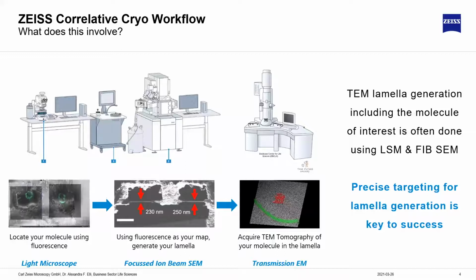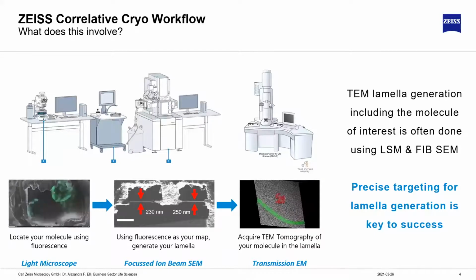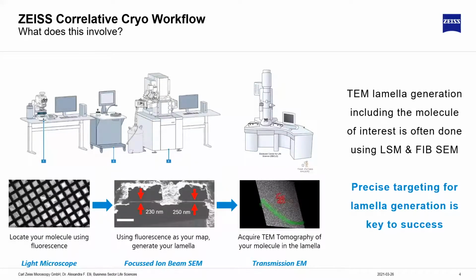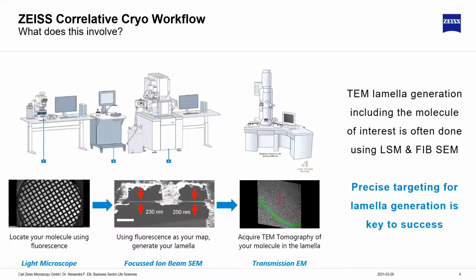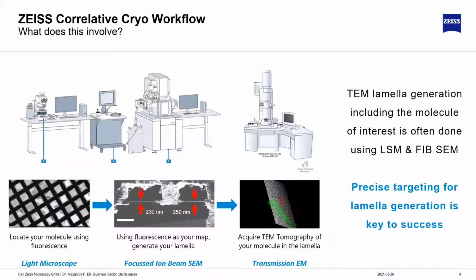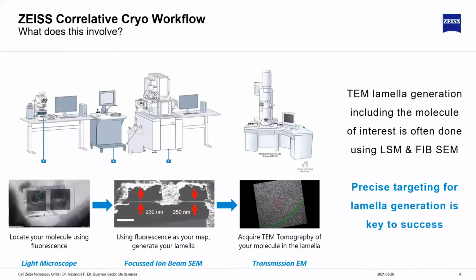The key for success in this approach is the precise high-resolution targeting of the location for generation of the lamella. An incorrect decision or bad sample quality both mean wasted time at the TEM, which is extremely expensive and inconvenient.